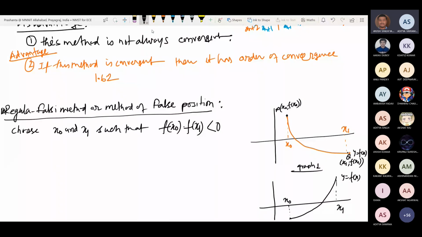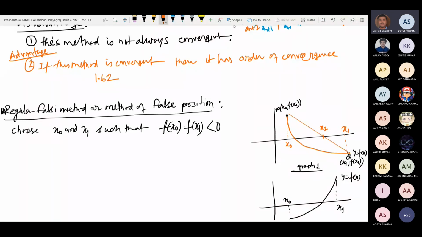Now you draw a chord joining these 2 points, and where it cuts the x-axis will be our next approximate root. This is the chord. So here it will cut the x-axis. We'll call it the next approximate root.